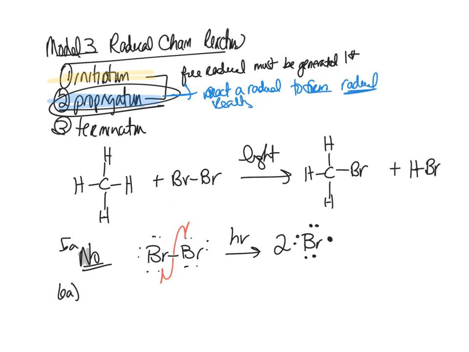If you don't keep forming a radical, you can't have propagation. You cannot keep going. It's in the word propagation. Okay, so 6C. Use curved arrows, single barb, to show the 2 propagation steps leading to the product, bromomethane. Not all of the Br2 is consumed in the initiation step.